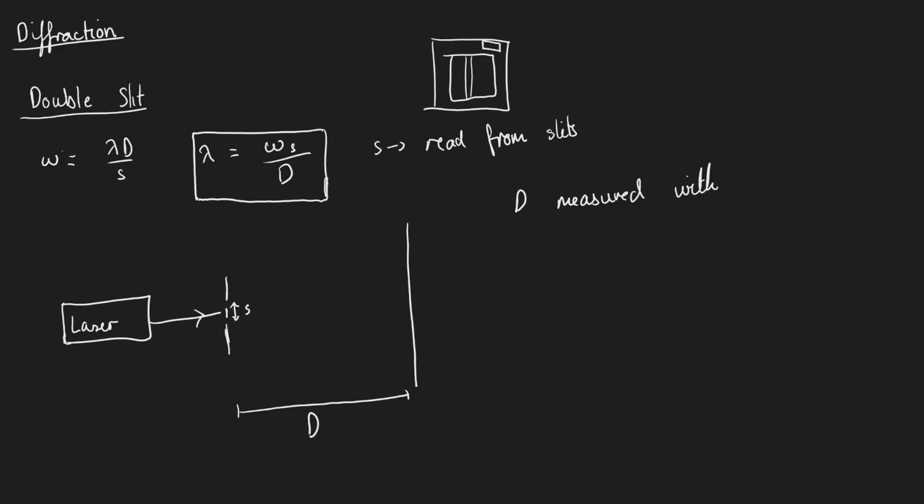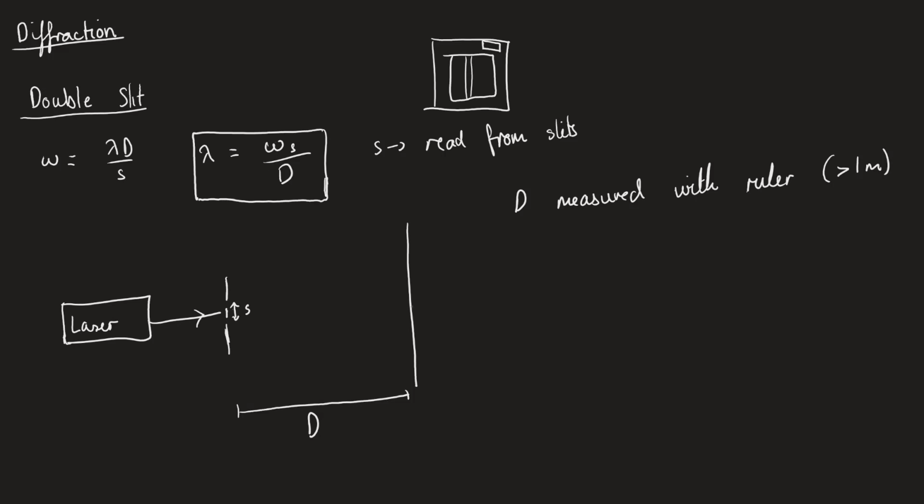You want a large distance so that you have large fringe spacing, so that your percentage uncertainty gets reduced. You measure this with a ruler, so it should be greater than 1 meter at least. Obviously the bigger the better, but you're limited by the space that you have. So you measure D with a ruler, again stating the uncertainty on this ruler is always going to be 0.5 millimeter, unless you have a super ruler.